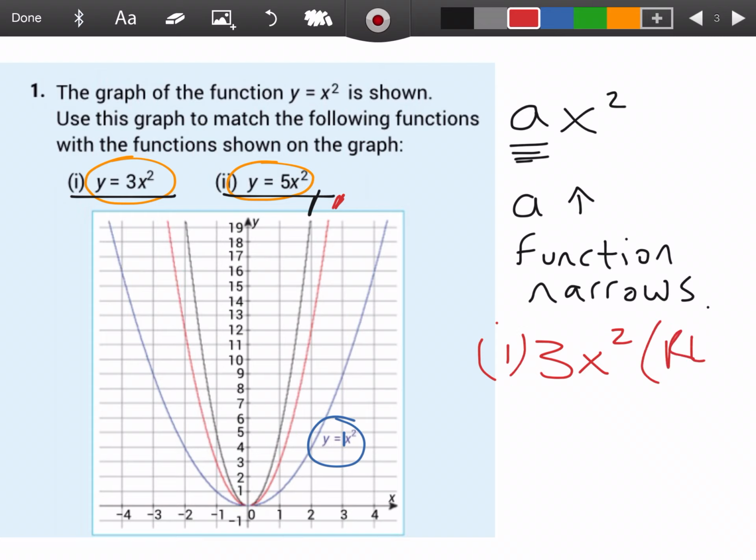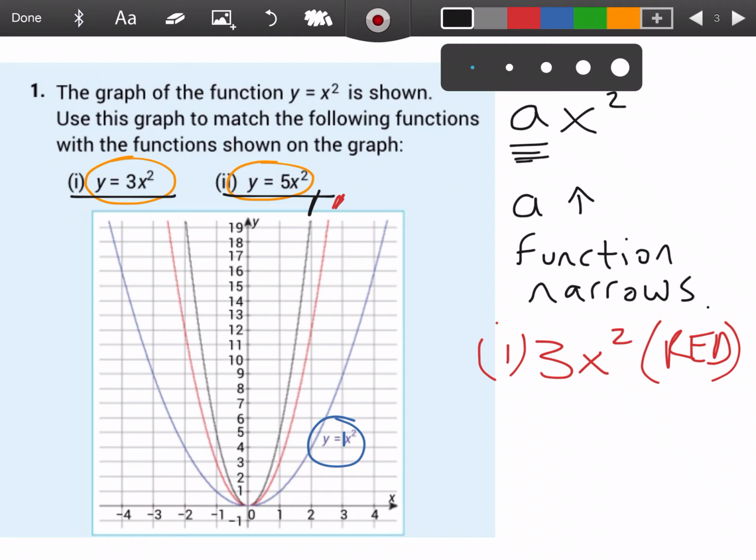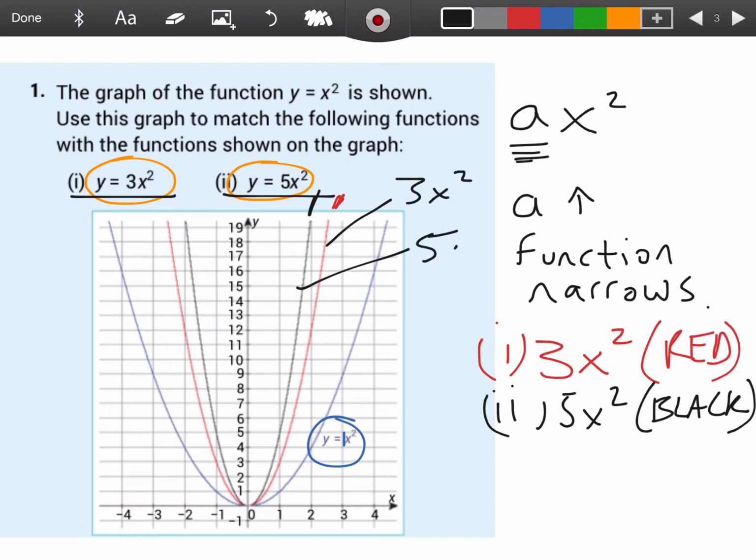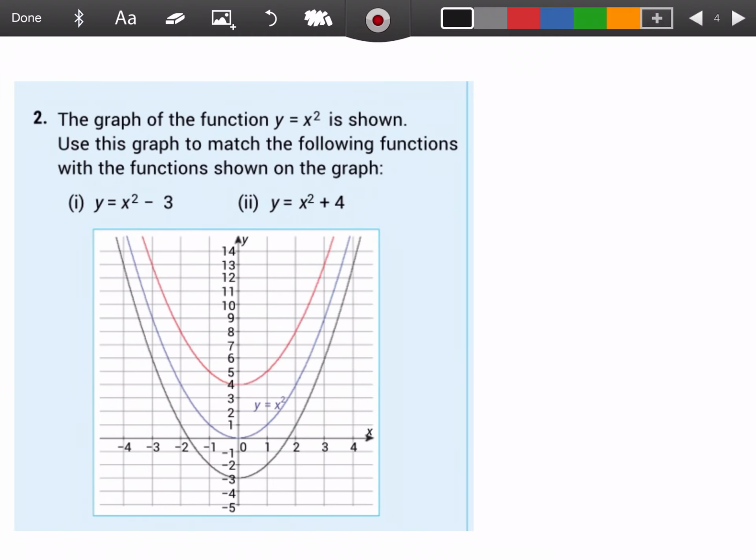And then 5x squared again is narrower again, so we could say that the 5x squared is the black one. That's all I was hoping for you to see, to match the function. So just to write that, one is 3x squared and that one is 5x squared. That's all. Very similar with a lot of the other ones coming up.